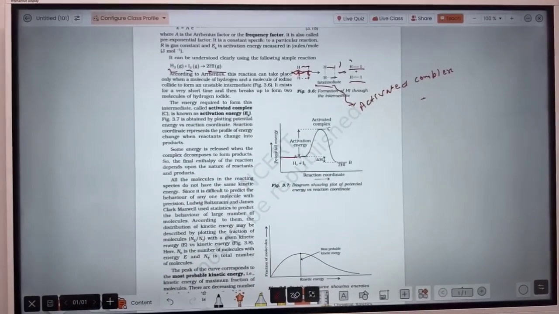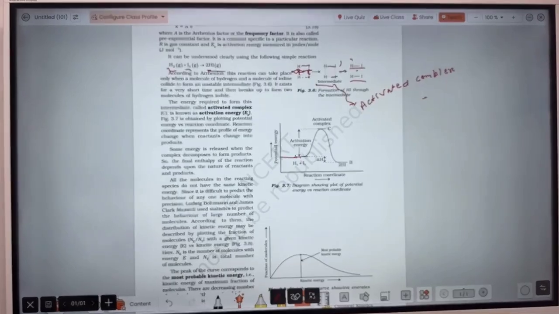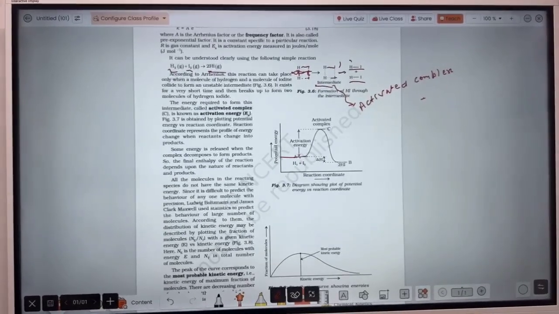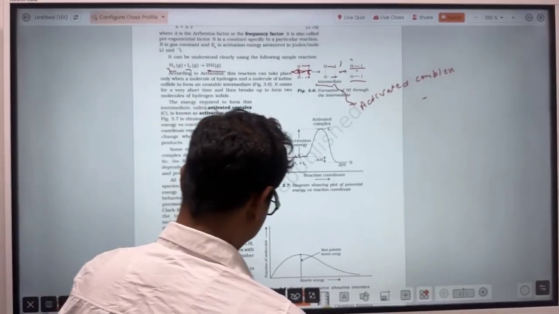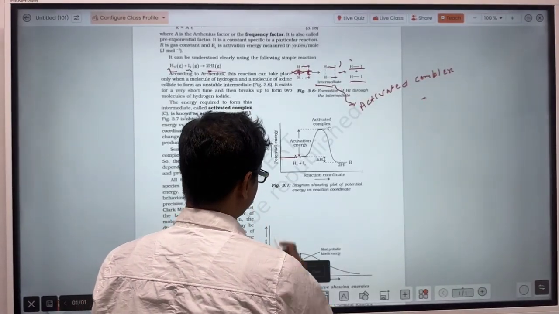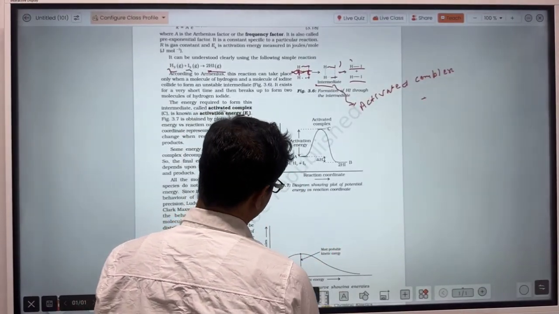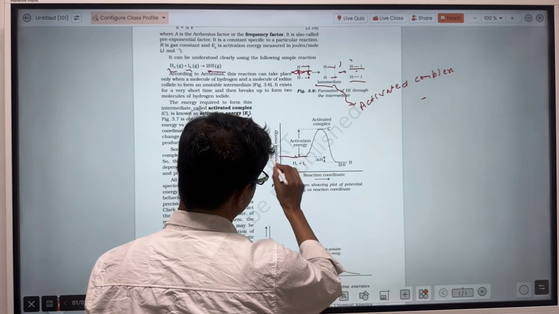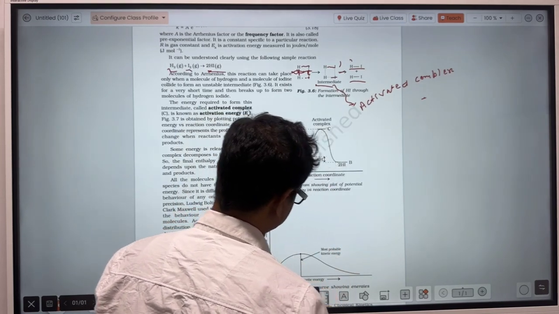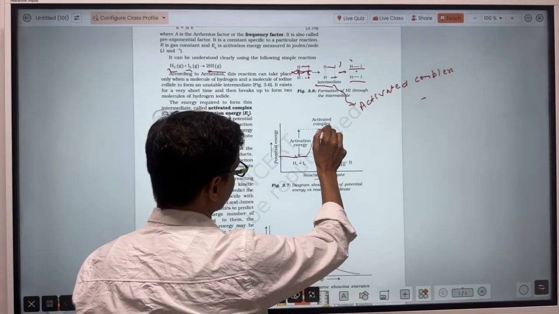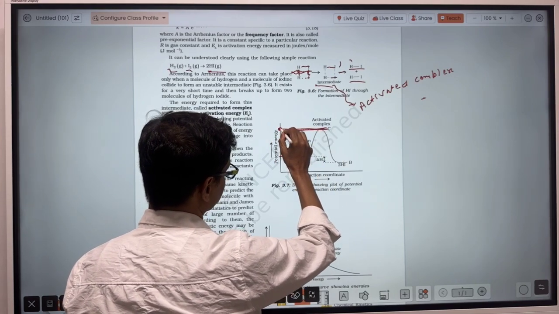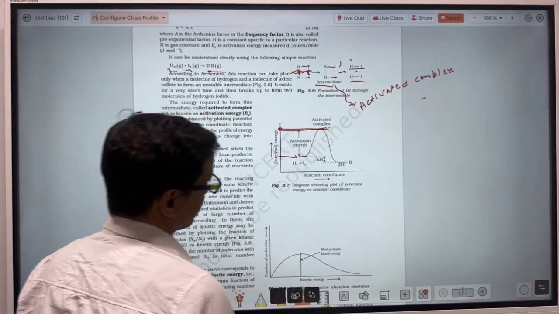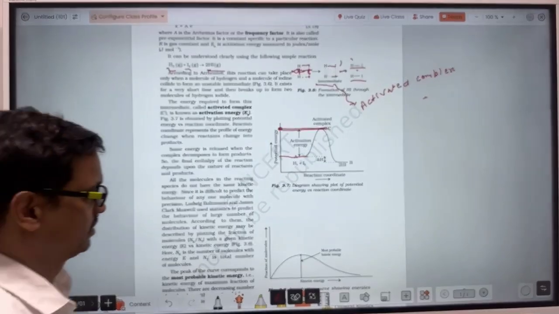So when we have to find the potential energy of the reactant, on the graph this one is the potential energy of the reactant. This one is the potential energy of the activated complex.